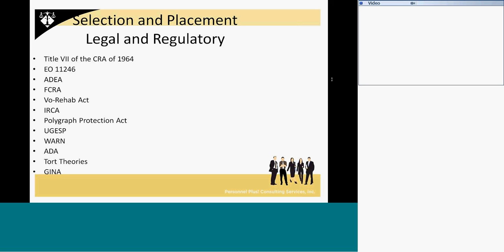That's the law that originally established the requirement for employers to complete the I-9 form at the point of employment.